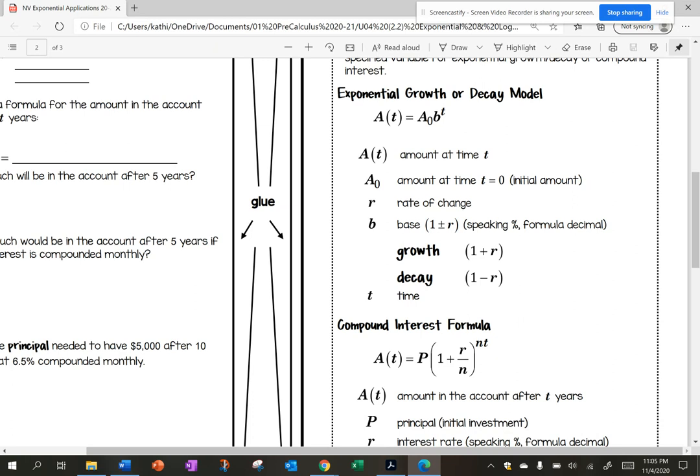When I'm speaking about this, I'm usually talking about percent, but I need to use the decimal form in the equation. So for a growth model, I'm going to add the rate. For a decay model, I'm going to subtract it.